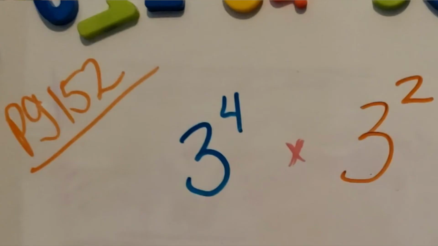Number 3 on page 152 asks us to write an expression that is equal to 3 to the 4th power times 3 to the 2nd power. And they don't just ask us to write one equivalent expression. They ask for two, one using exponents and one without exponents. So the one without exponents is pretty simple because all you have to do is remember that exponents are used to represent repeated multiplication.